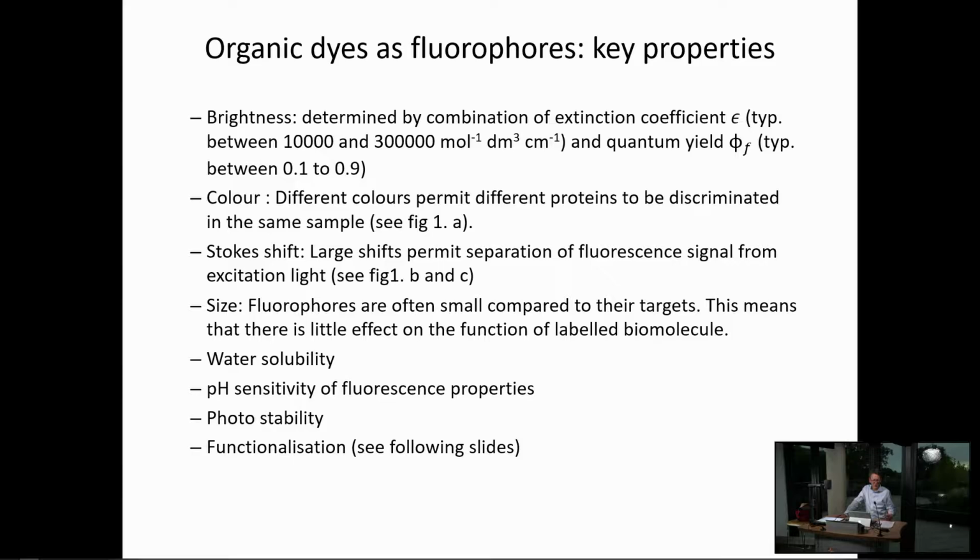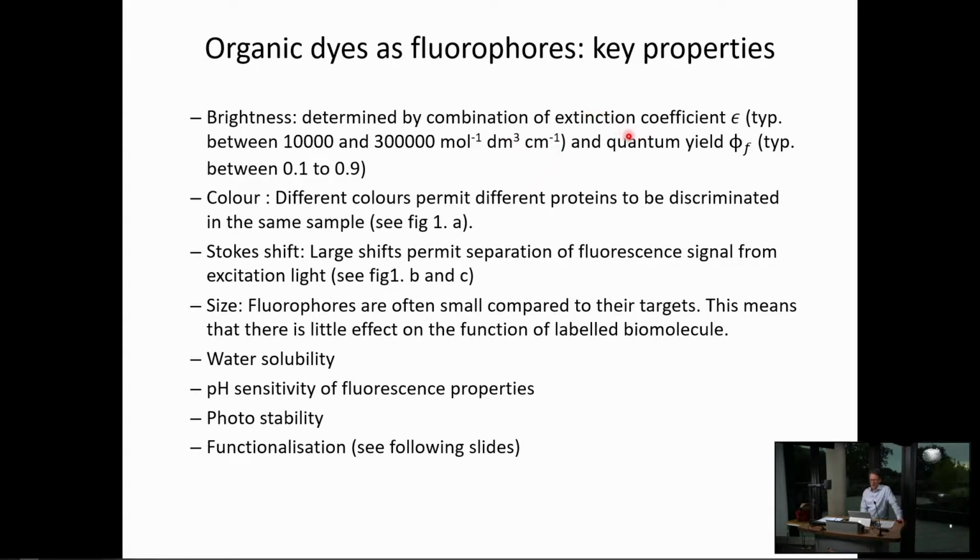So the fractional absorbance is determined by the molar extinction coefficient, as we've seen from Beer-Lambert's law. One part of the brightness is how well photons are absorbed, and so good dyes have extinction coefficients epsilon of between 10,000 and a few 100,000 per mole cubic decimeter per centimeter.